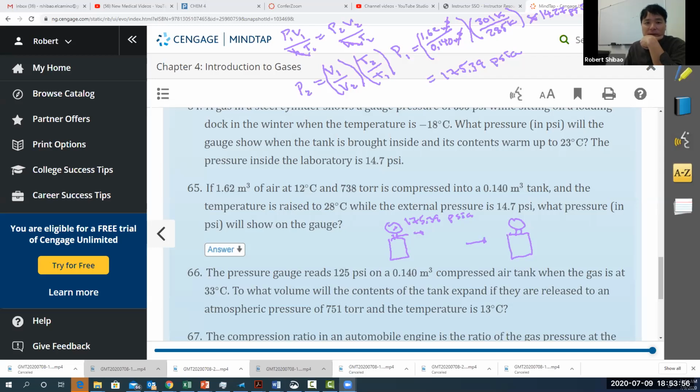Actually, no, wouldn't it be the same as the pressure outside the tank? Exactly, Kazra, you're right. This is not going to go down all the way to 0.